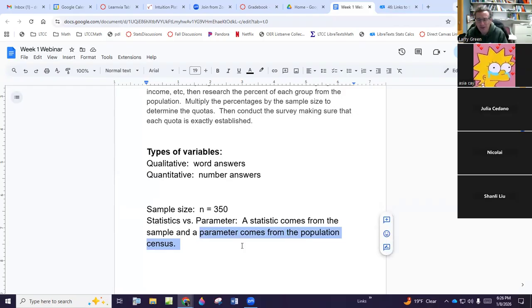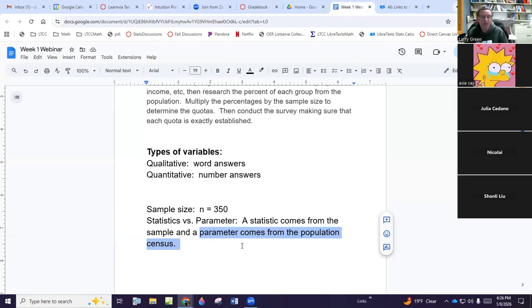For example, if you wanted to find out the average age of college students, and you did a survey of 200 college students asking them how old they are, then the average of the 200 people you asked would be a statistic because you only asked 200 and there's millions of college students.